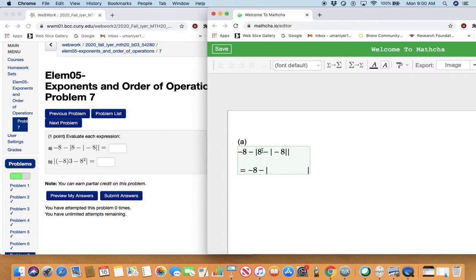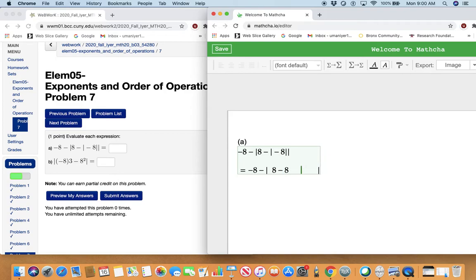What happens inside is there is an 8 minus another absolute value of negative 8. So let me write the 8 first and then the minus next. And now let's figure out absolute value of negative 8. Absolute value of negative 8 is simply positive 8.